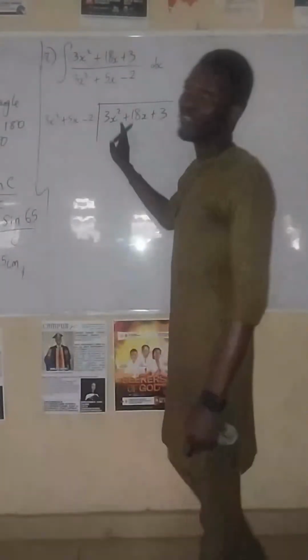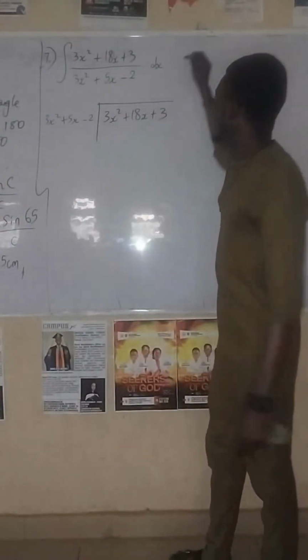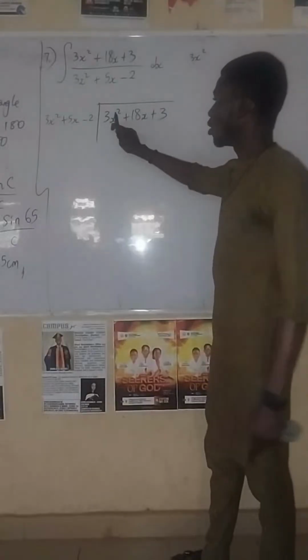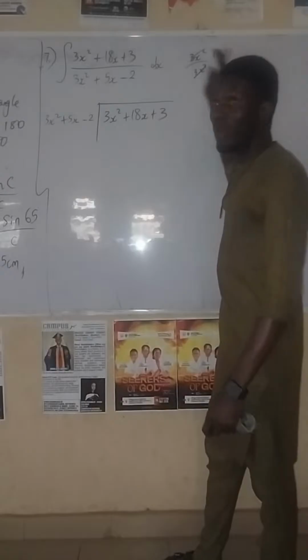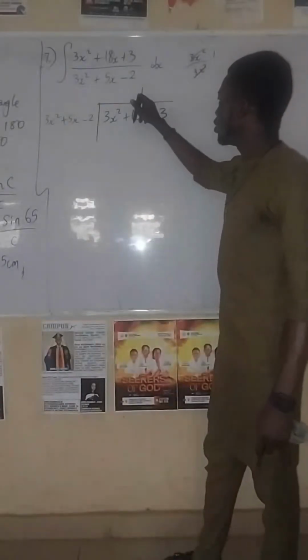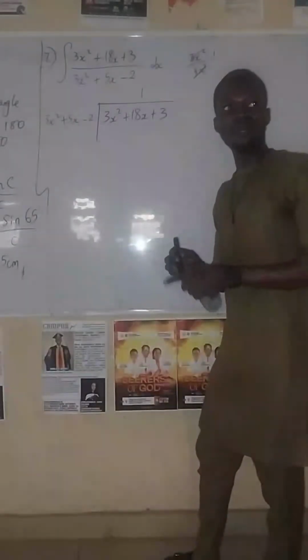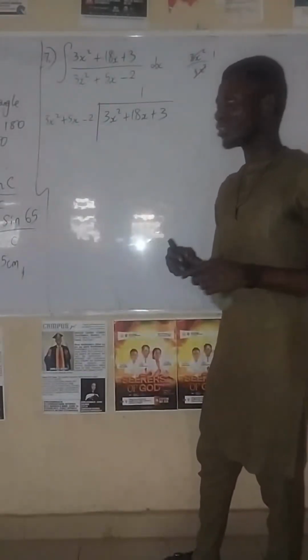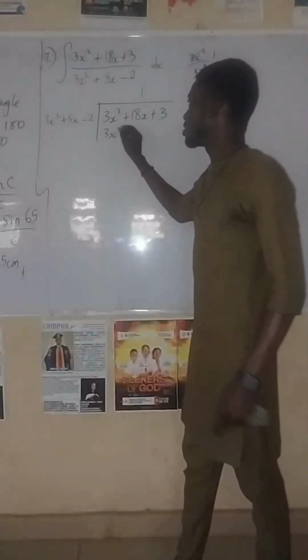To divide, you just take the first and the first. That's 3x squared divided by 3x squared, which gives 1. In long division, you divide, you multiply, and you subtract. Multiplying gives the same thing back.